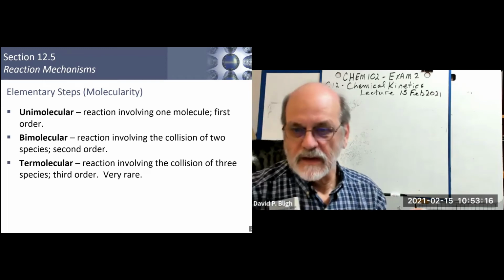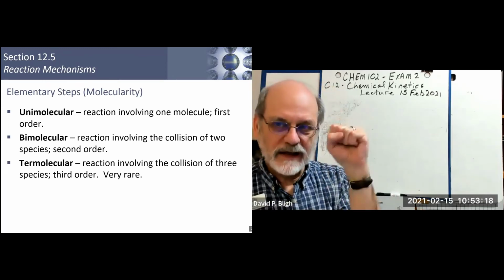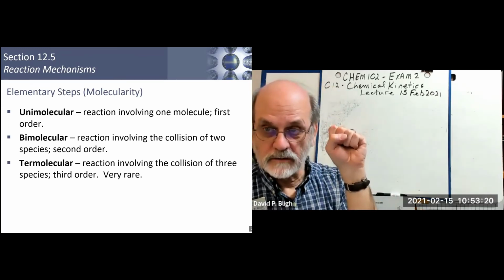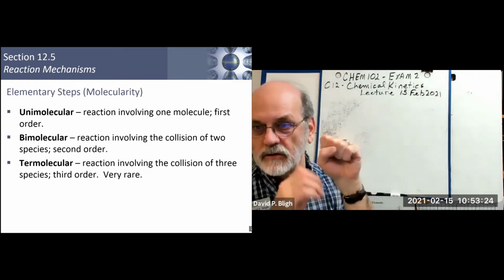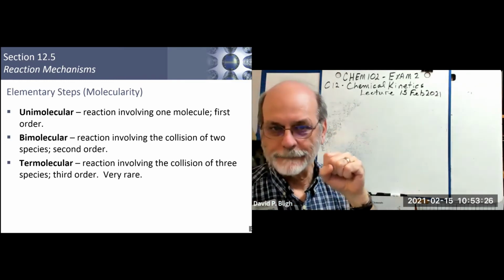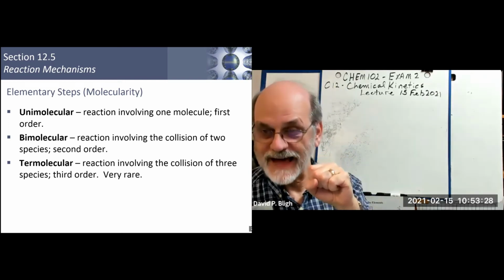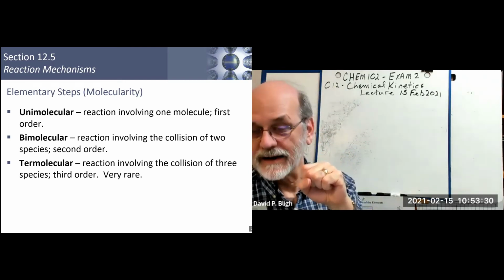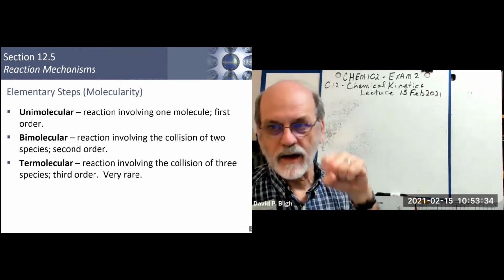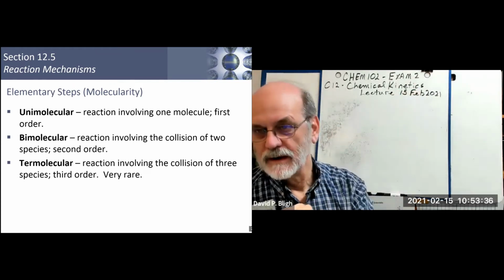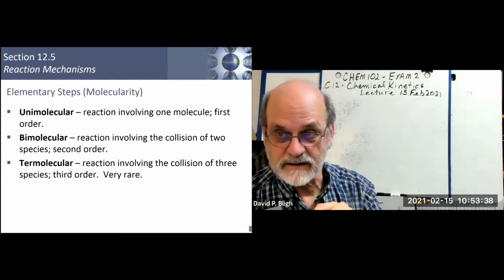Think about it. If it's unimolecular, you got 1 molecule that does something. It rearranges or breaks apart. The probabilities of that happening are very high, right? It doesn't have to cooperate with anybody. It just, when it feels like it, bam. Bimolecular is a little harder to get together.